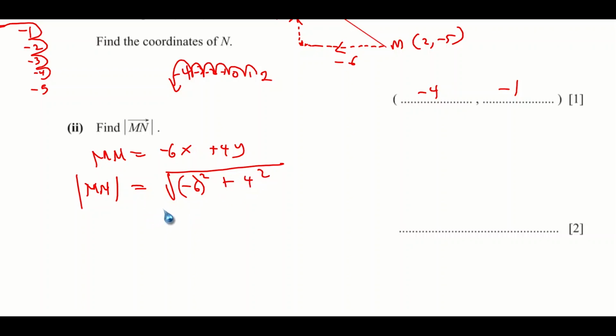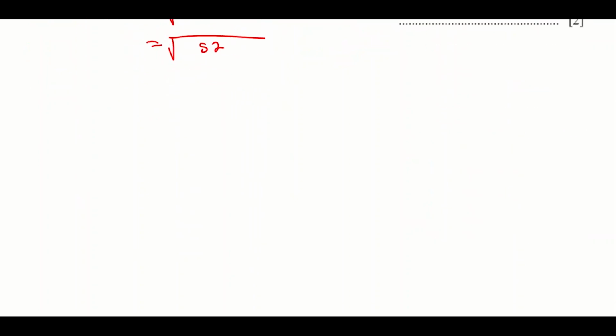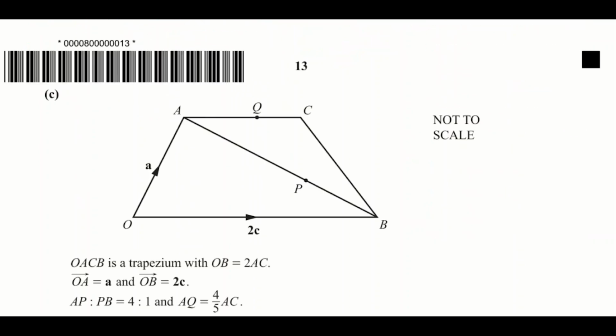If you input this into your calculator, you can get the answer straight away, or you may want to simplify this a little bit. This will be 36 plus 16, which is equal to the square root of 52, and that would be 7.21 to 3 significant figures. So let's go to the next question.